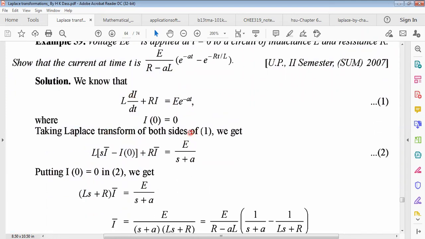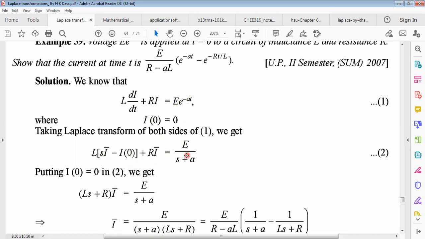Now taking Laplace transform on both sides of equation 1, Laplace L means this, and Laplace transformation of first derivative of i will be this. Okay, s into Laplace transformation of i minus i at t equals 0, plus R i bar, where i bar means Laplace transformation of i.